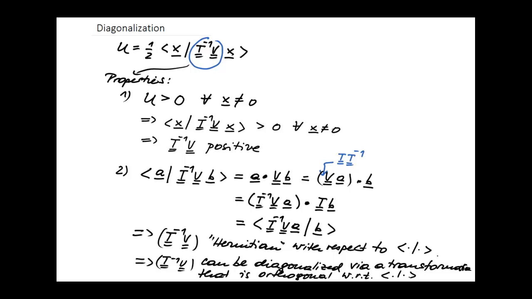When you diagonalize the T minus 1 V, then you have on the diagonal the eigenvalues of T minus 1 V. And the fact that was our first conclusion, that this matrix product T minus 1 V is positive, implies that all these eigenvalues are positive.